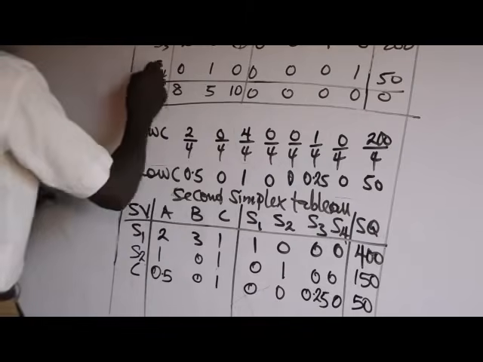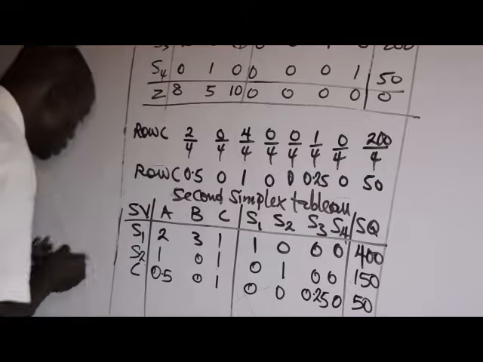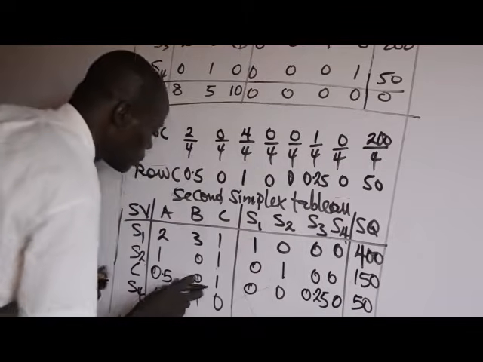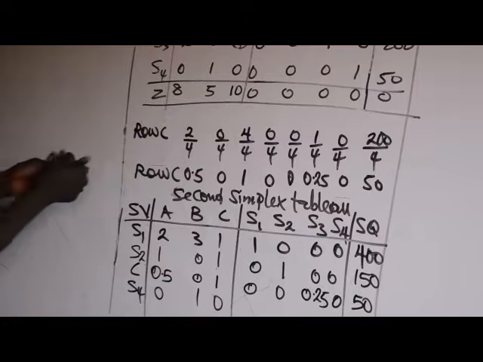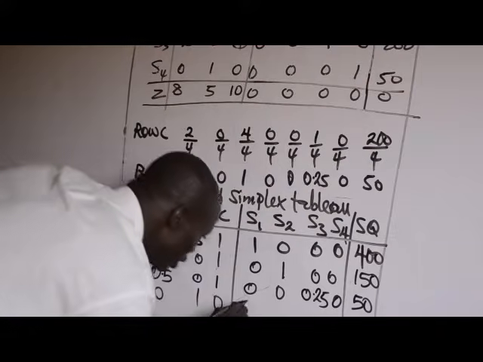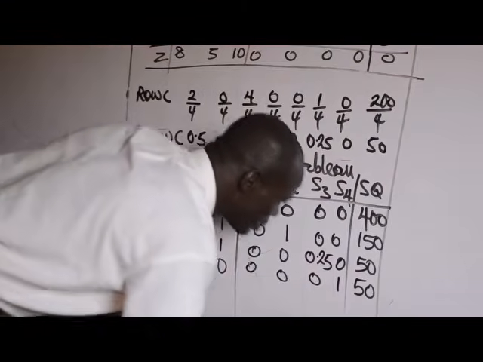Then we also have row S4, which is 0, 1, 0, 0, 0, 0, 1 and 50.